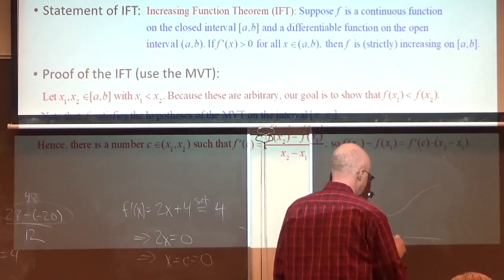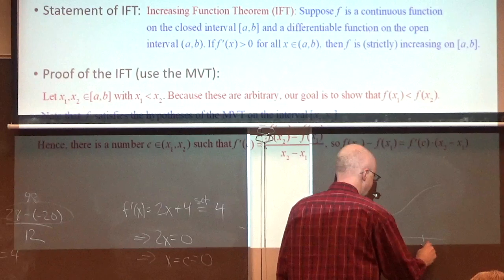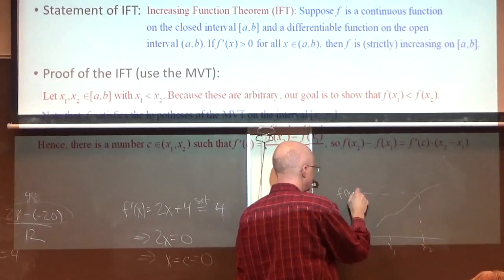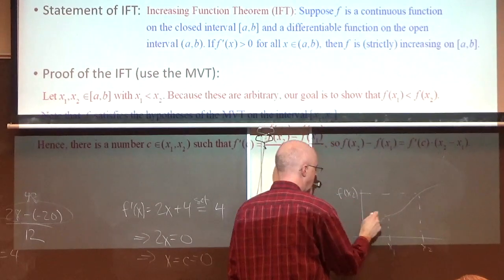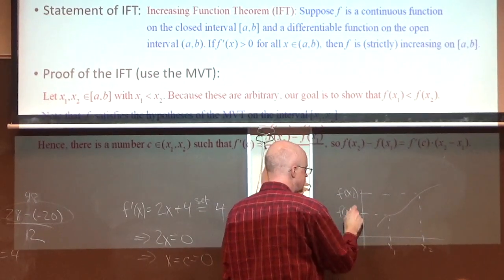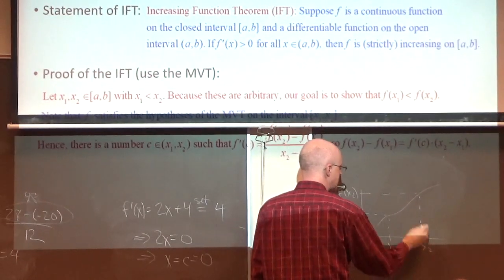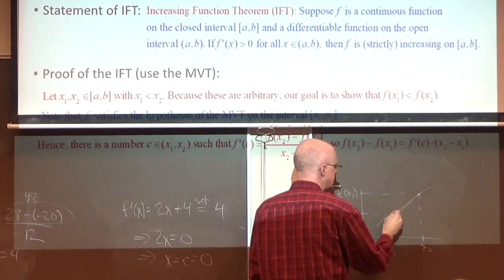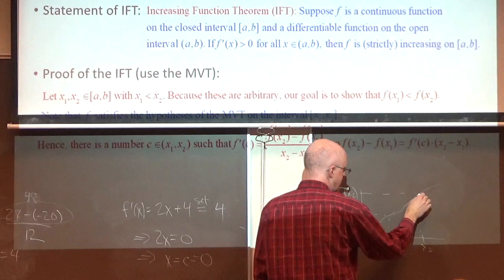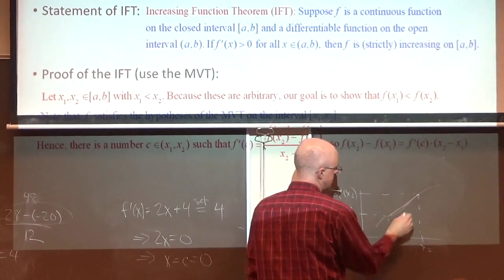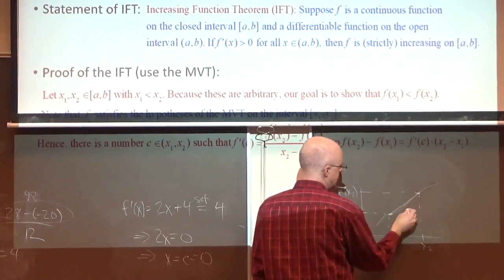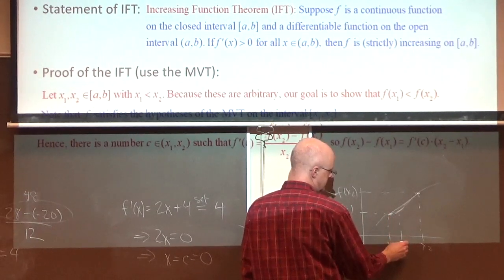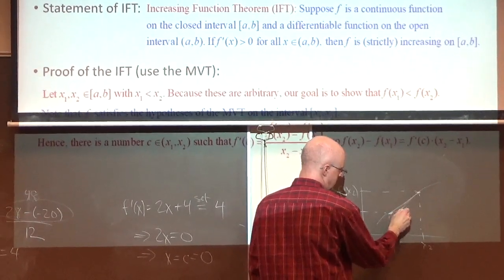It is increasing. There's some number c between x1 and x2 where the slope of the tangent line at that point is equal to the slope of the secant line. Here's the secant line. The tangent line that has the same slope would be right around here. This would be the value of c. Right there.